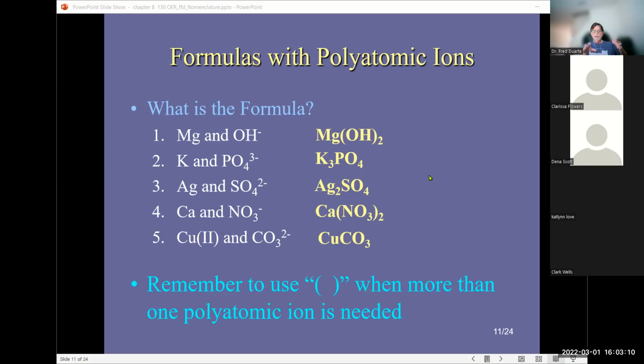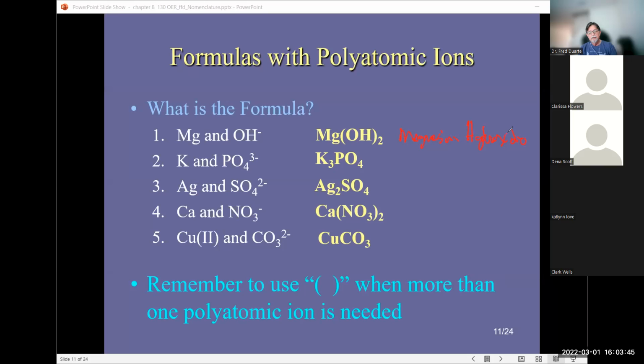Okay, so the takeaway here is to remember to use the parentheses for the polyatomic ions if you need more than 1. Also, the takeaway here is you don't change the name of the polyatomic ions. The names are given to you, and that is the name of the polyatomic ion. Therefore, the first one would be magnesium hydroxide.